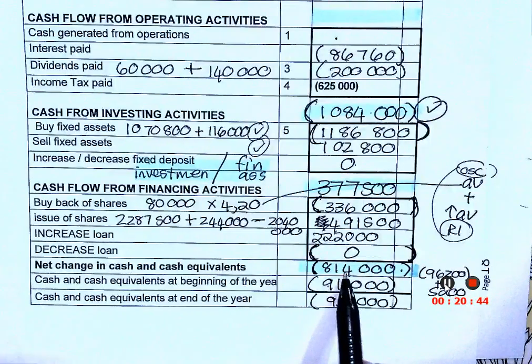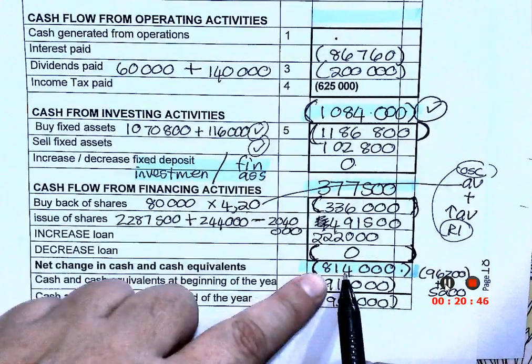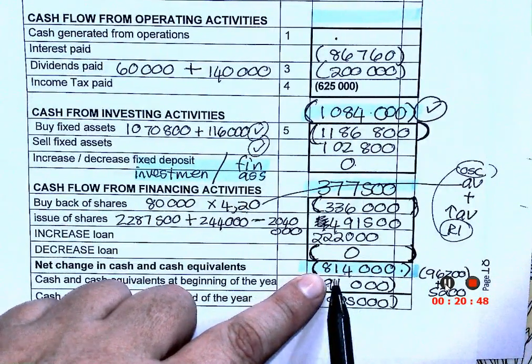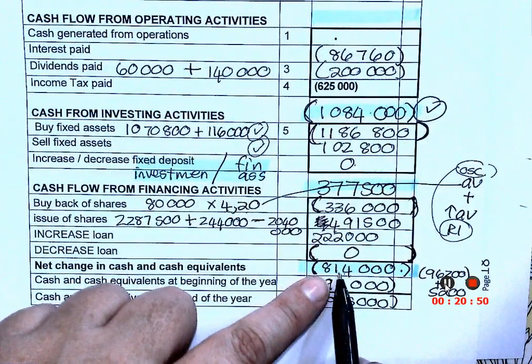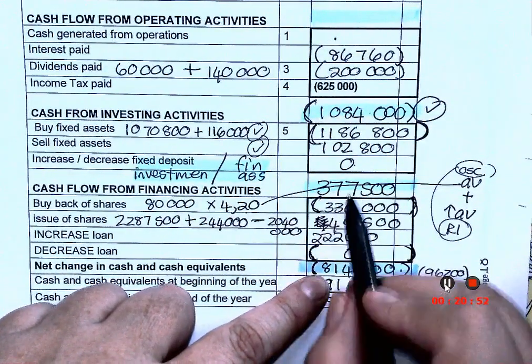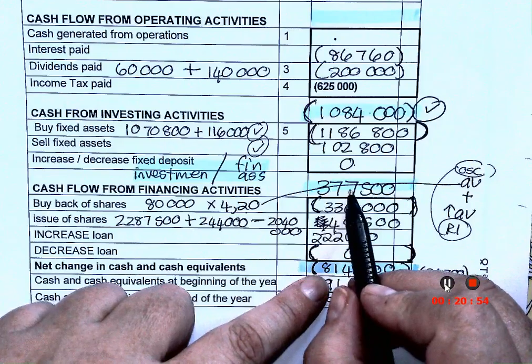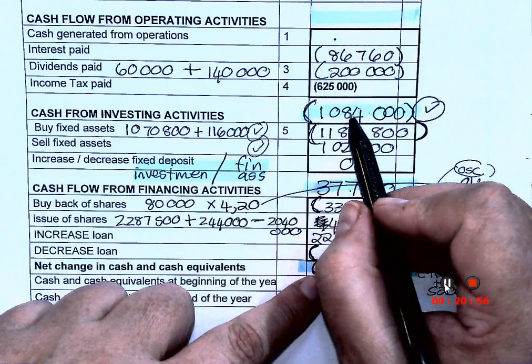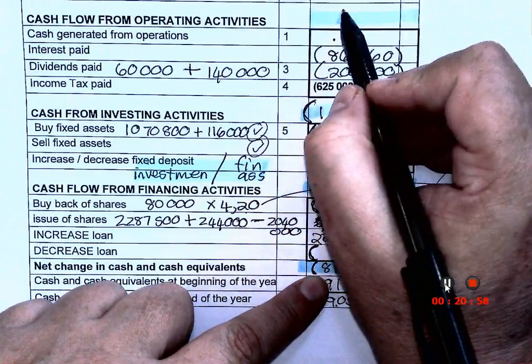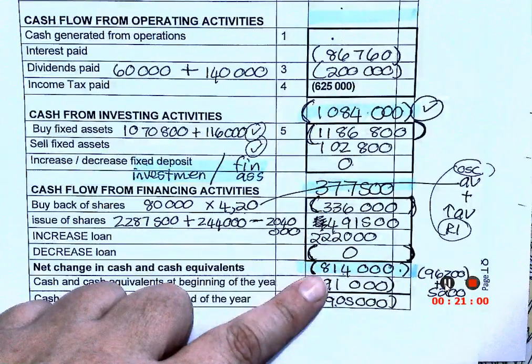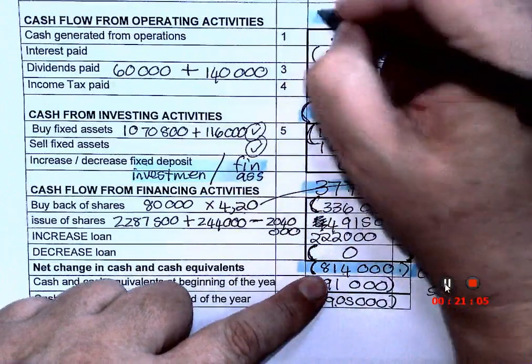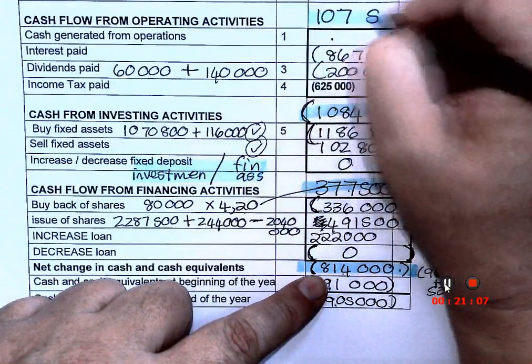So I say minus 814, remember the one you start with, you keep the sign. So minus 814 minus 377 plus 108 gives me 107,500.